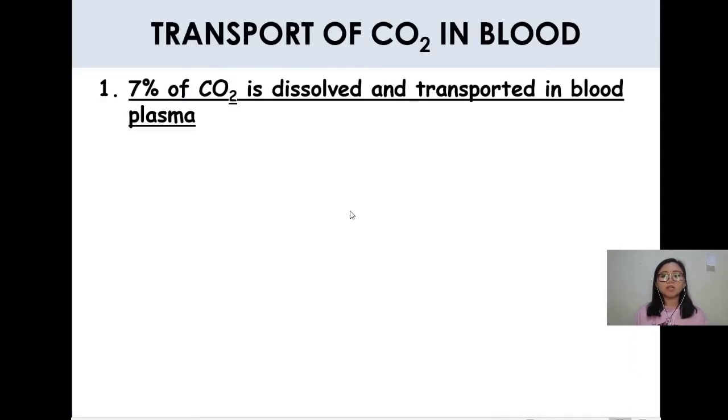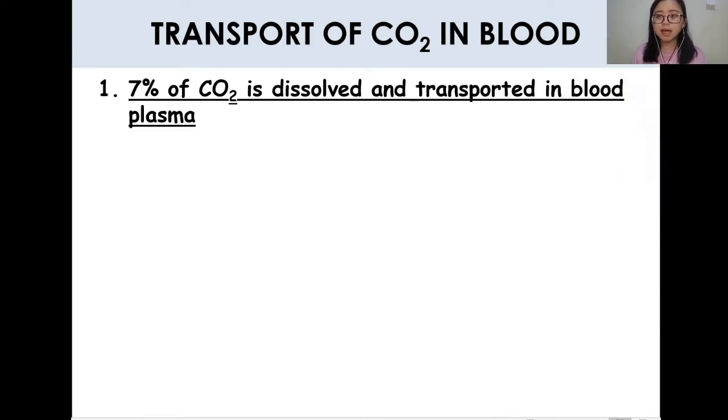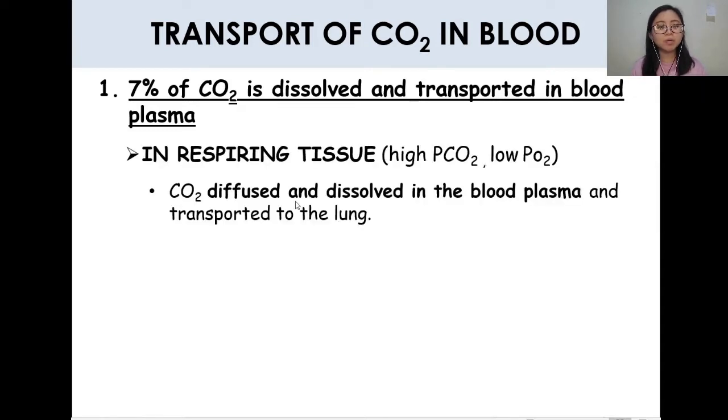Okay, so let's talk about the first method. The first method is 7% of carbon dioxide will be dissolved and transported in blood plasma. We will start with the respiring tissues. In the respiring tissue, you will have high partial pressure of carbon dioxide and low partial pressure of oxygen.